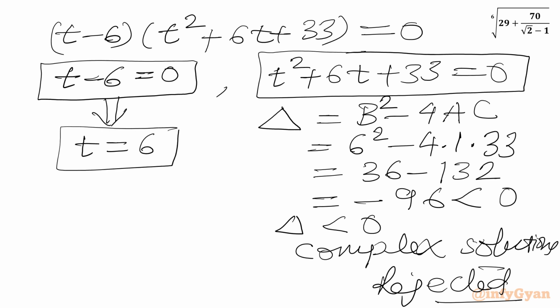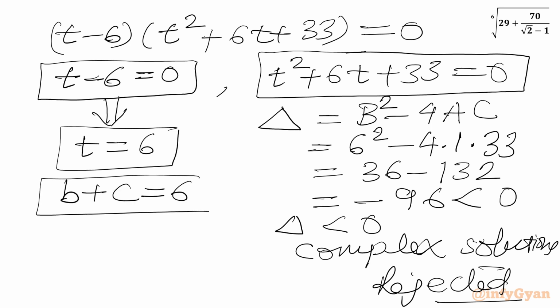And t was our substitution, b plus c. So I will write b plus c equal to 6. And our second equation was bc equal to 1. Let me write here b plus c equal to 6 with bc equal to 1.